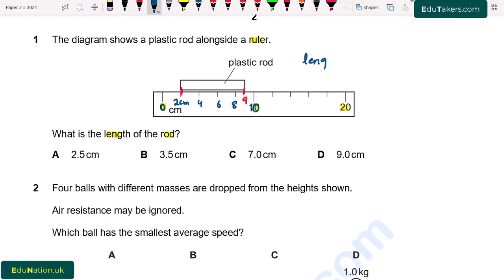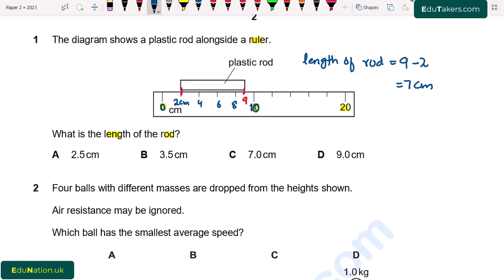It means that the length of this rod will be equal to 9 minus 2, which is 7 centimeter.